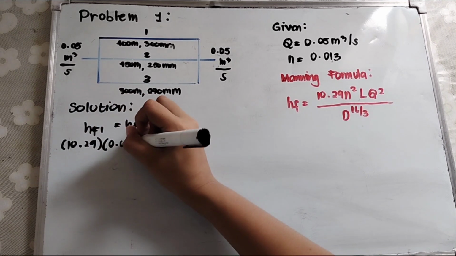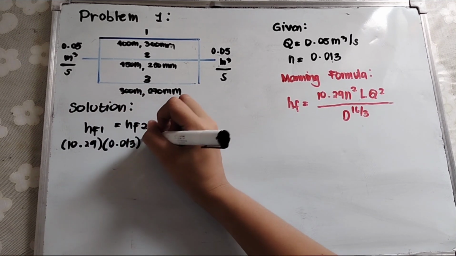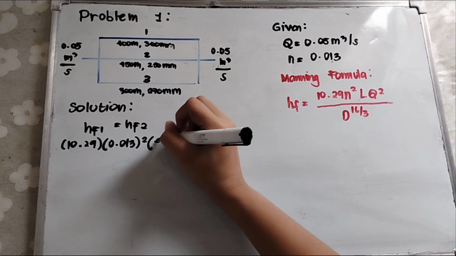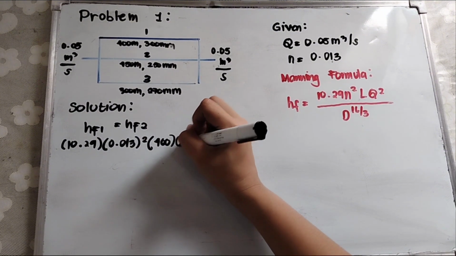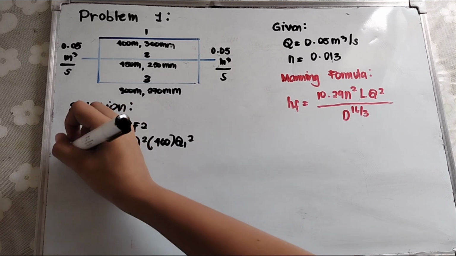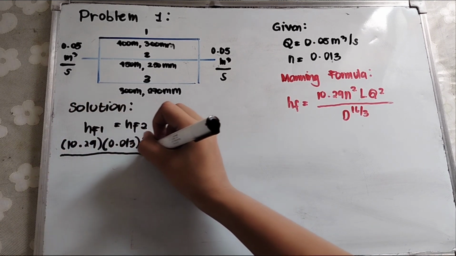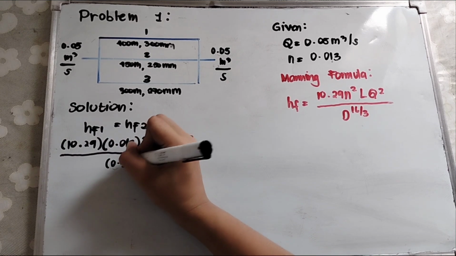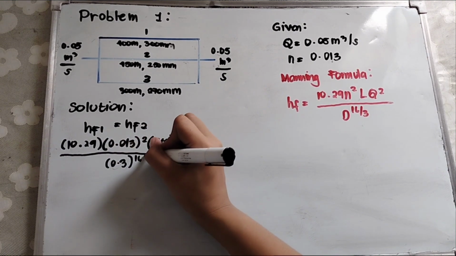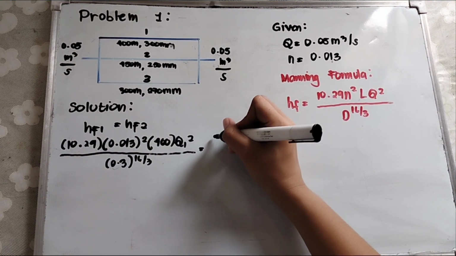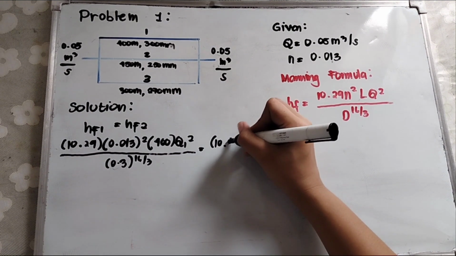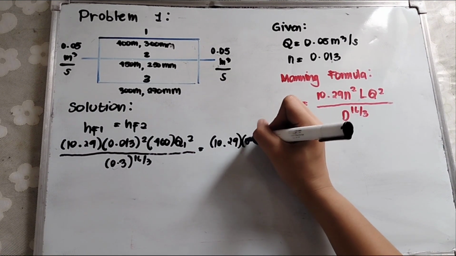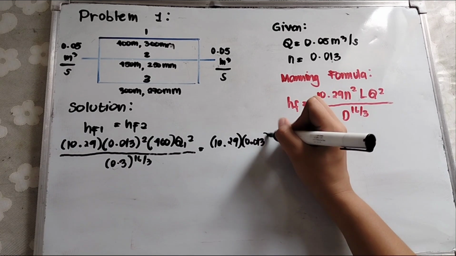So we have 10.29 times 0.013 raised to 2 times 400 times Q sub 1 raised to 2 over 0.3 raised to 16 over 3. Similarly, we will use the same formula.